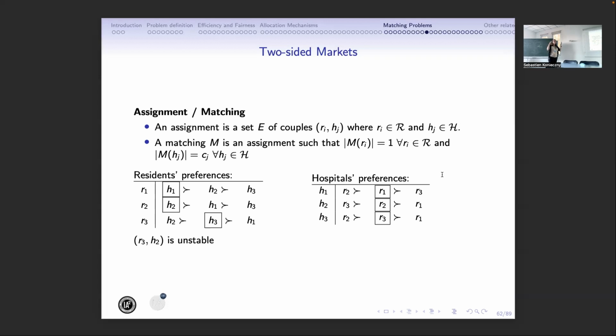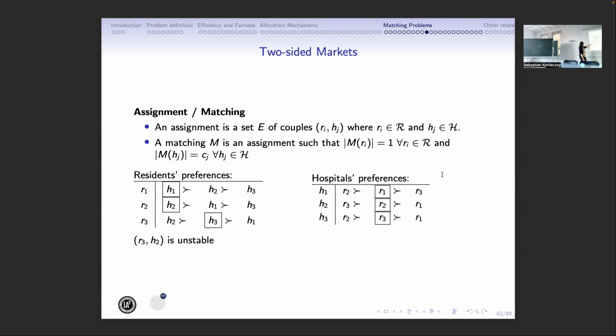If you make the comparison with men and women, couples are stable if no woman or no man prefers another man or woman than the one she or he is married with. So we want the solution to be stable, and in my case, you can see that the couple R3 H2 is not stable.